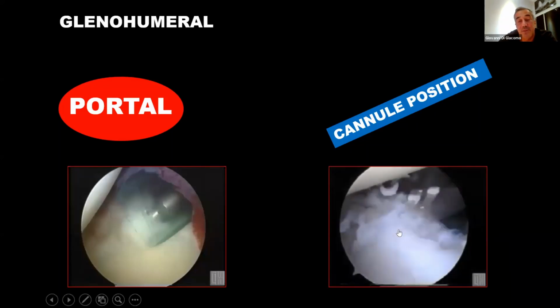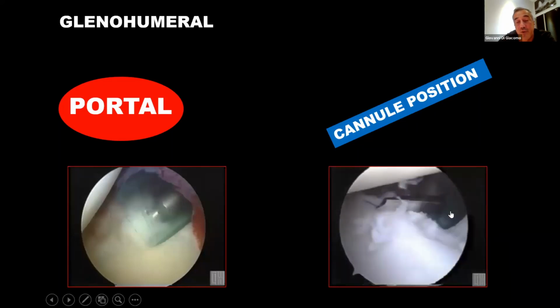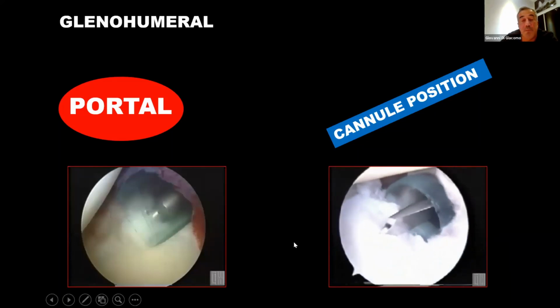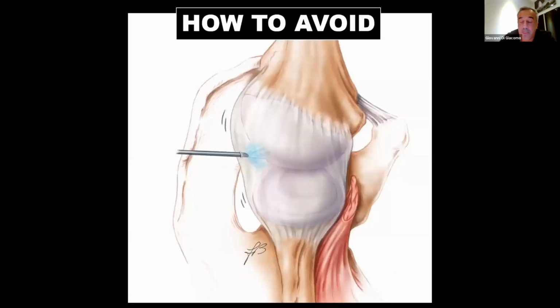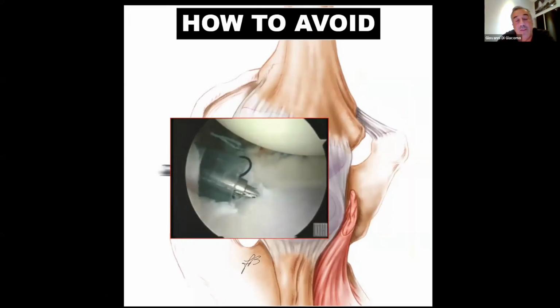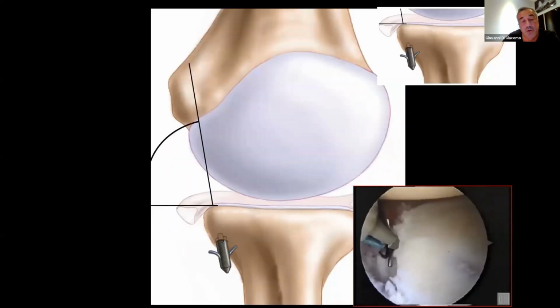You can see here, because sometimes it's very useful to put an anchor also posterior to recreate the hammock. If you miss the right inclination of the cannula, it's a complication along all the surgery. So the position of the cannula is one of the key points, as you can see here. You need a very good inclination of your cannula, even if you work from anterior or you work from posterior.